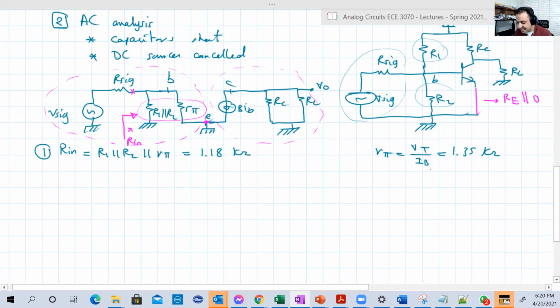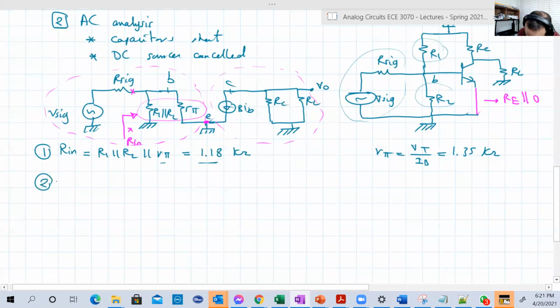Look, it's even less than R pi. That's what I'm saying. When we have some resistors in parallel, the overall resistance will be smaller than the smallest, which is R pi. That's bad for a common emitter amplifier because our input resistance is small.